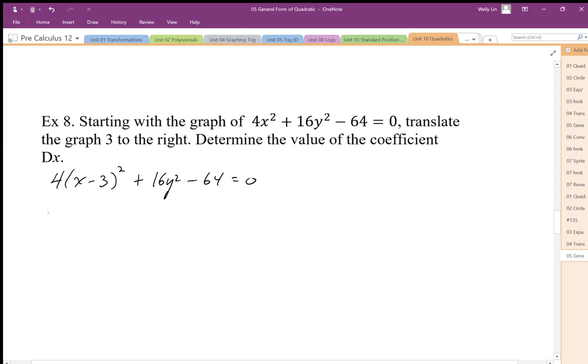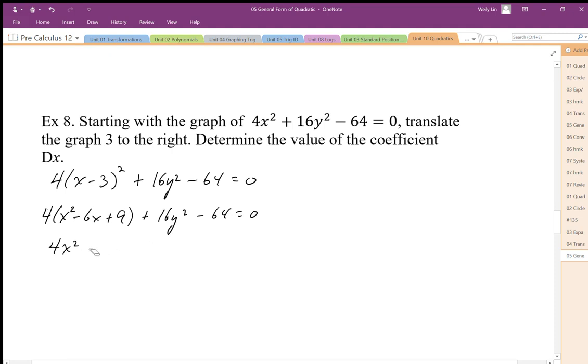So when we expand this out, we get 4x squared minus 6x plus 9 plus 16y squared minus 64 equals 0. That 64 does get affected, but it is not affecting the size of it.